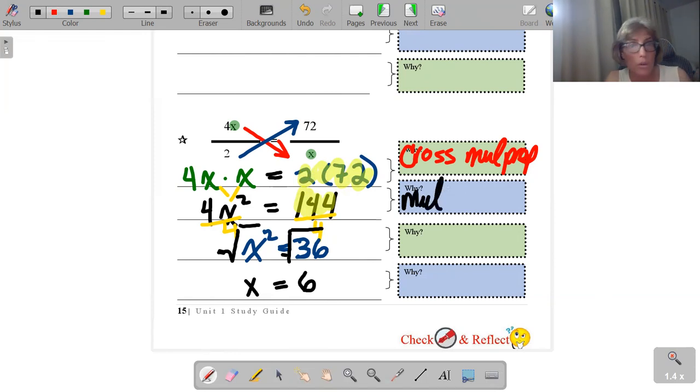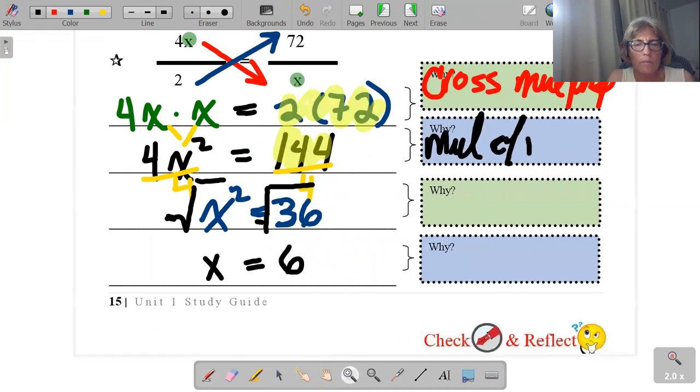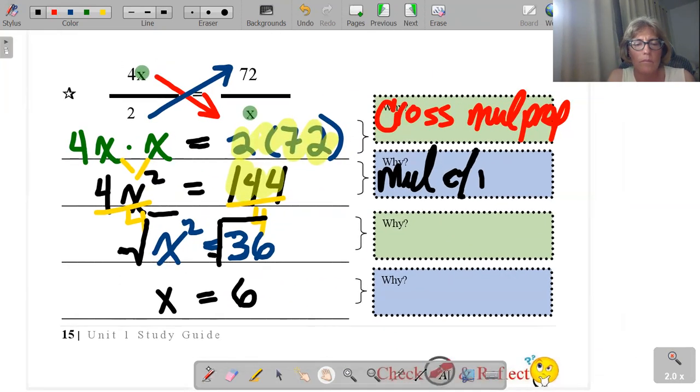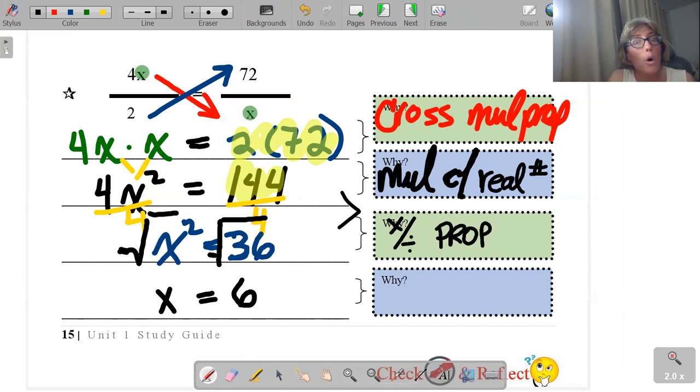Technically, it's multiplication division of real numbers, but we're just going to put multiplication of real numbers. From here to here was the multiplication division property, because you divided both sides.